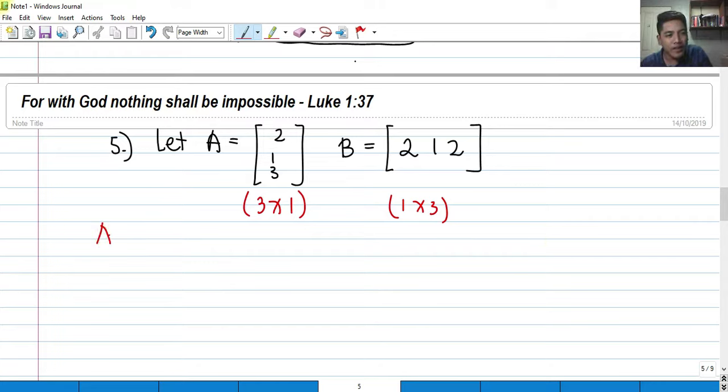If we are to find A multiplied by B, not all matrices can be multiplied. There's also a rule.